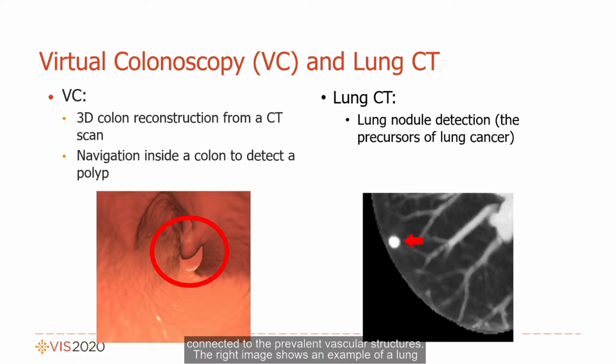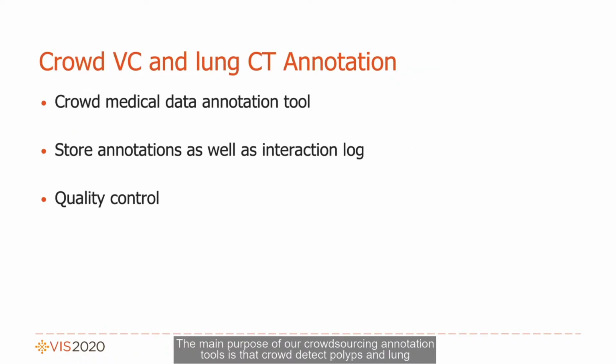The right image shows an example of a lung nodule. Both the CT polyp and lung nodule detection tasks can be crowdsourced effectively, which can help reduce the interpretation time for the radiologist by letting them focus on the regions with high crowd consensus.